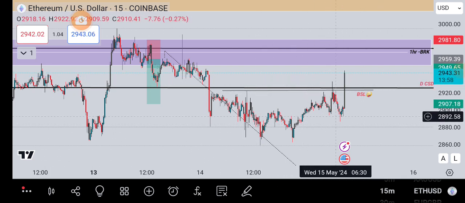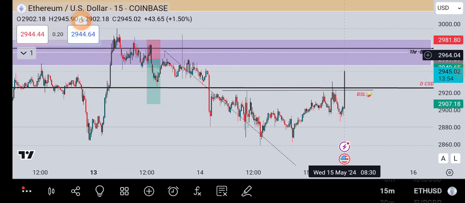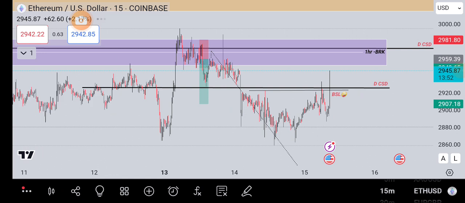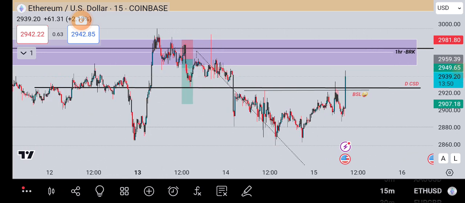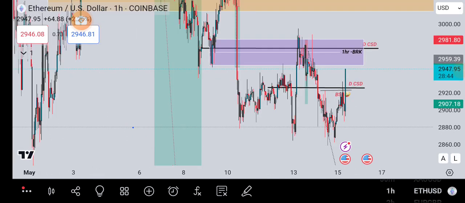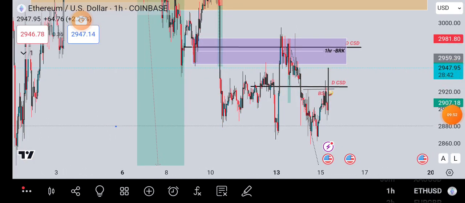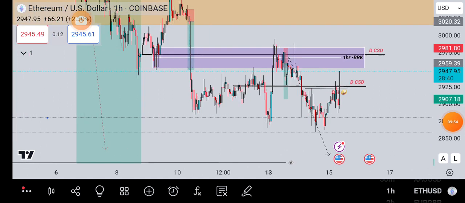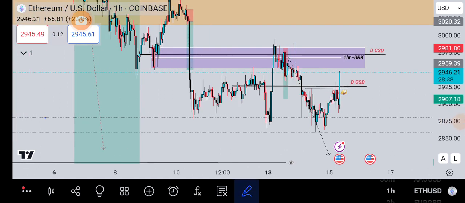we had this sweep of liquidity below this low, then this push higher. And probably something I've not talked about is where are our premium discount levels, because remember guys, we cannot be selling inside discount.